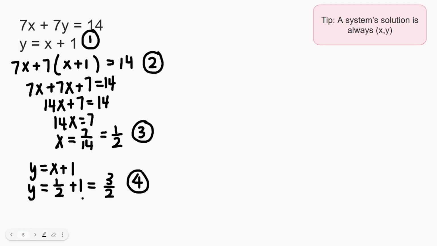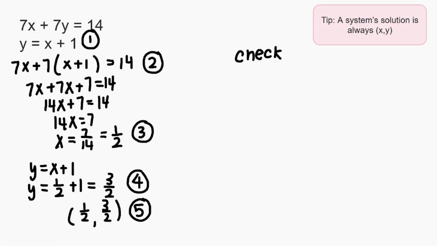Our fifth step is to write this as an ordered pair. So our solution is going to be (1/2, 3/2). So that's going to be our answer right there. Now, like before, we can check our work. We should be able to plug in that same ordered pair into both the equations and be given a true statement.